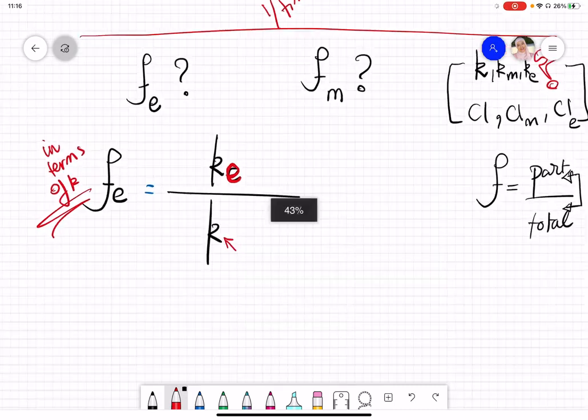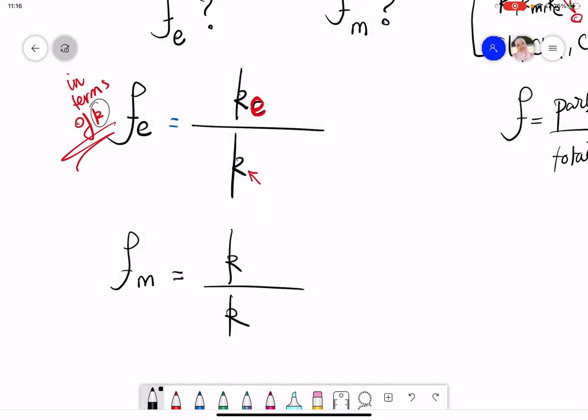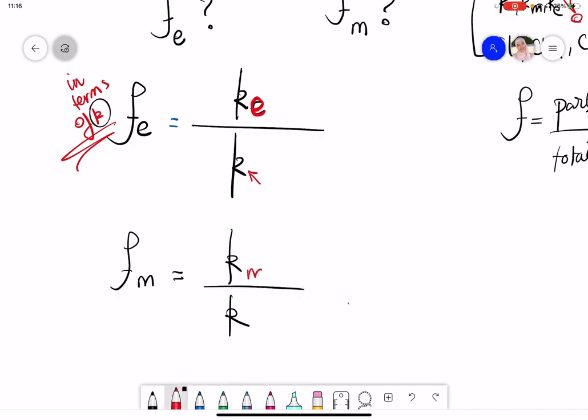If I want the fraction of metabolism, in terms of constants, I will have K metabolism over the rate constant of elimination. So just use the right term that you want to define.